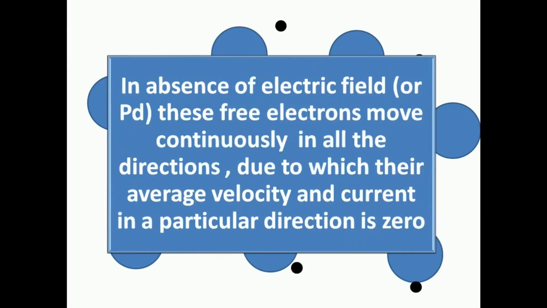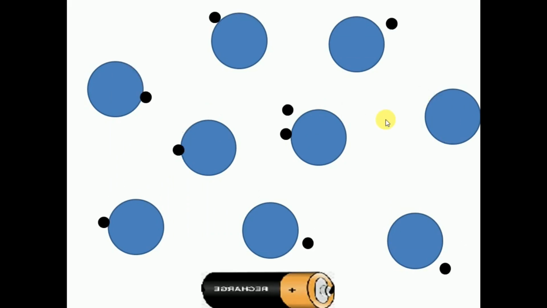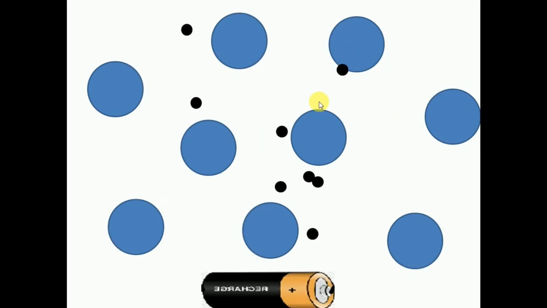But if a potential difference is applied, these electrons slowly start drifting in one direction from negative to positive. They don't move straight, they move in a random fashion, but they slowly drift towards the positive terminal. So there will be current due to the motion of charge in a particular direction.